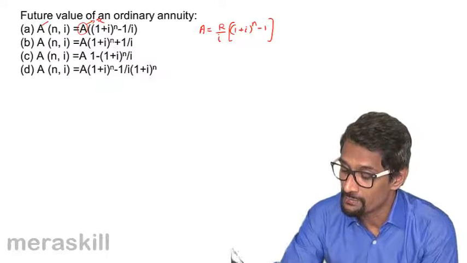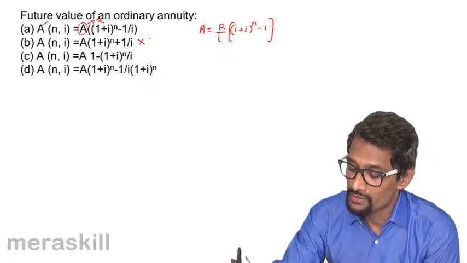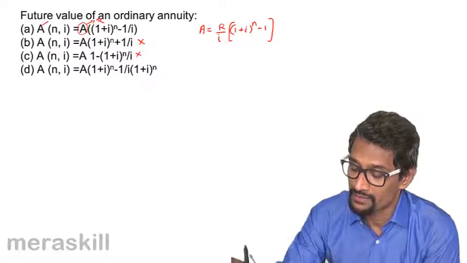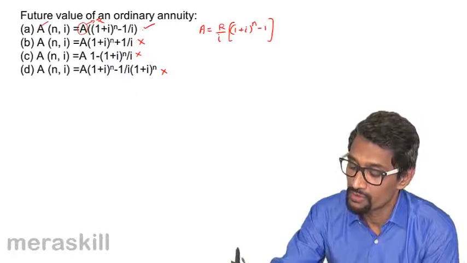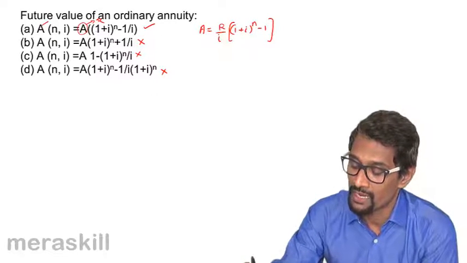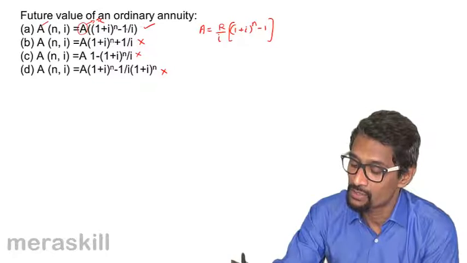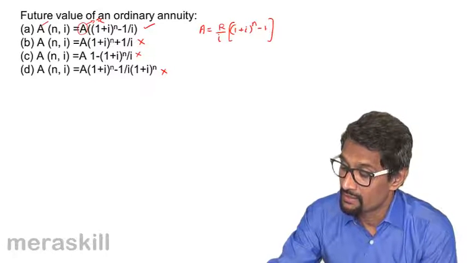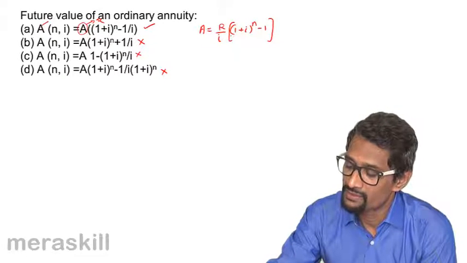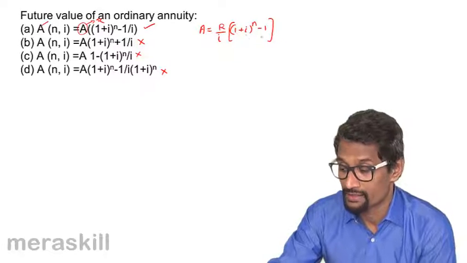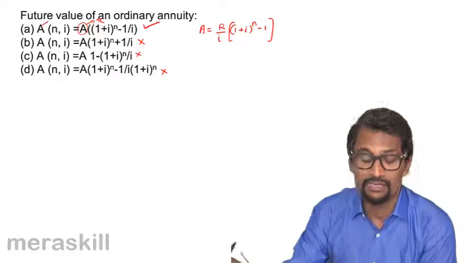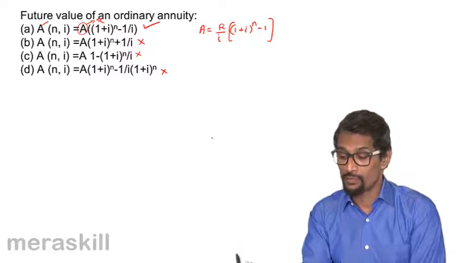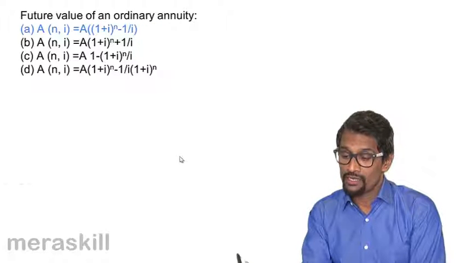Among these, it's definitely not this. It's not 1 minus either. It's not this either. So it's this: R into (1 plus I raised to n minus 1), the whole divided by I, which is the same as R into this upon I. So hence this is the correct answer for the future value.